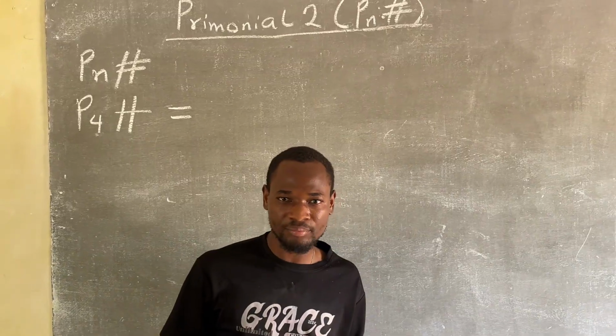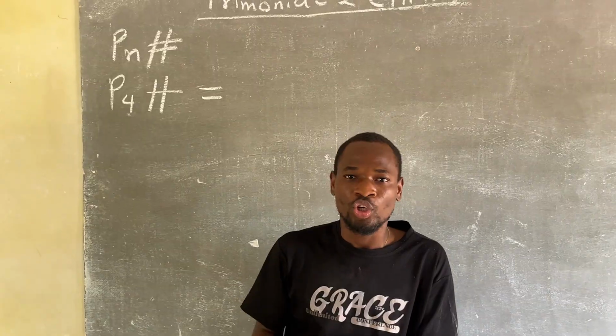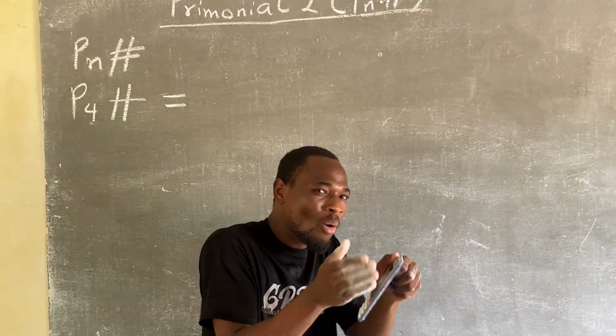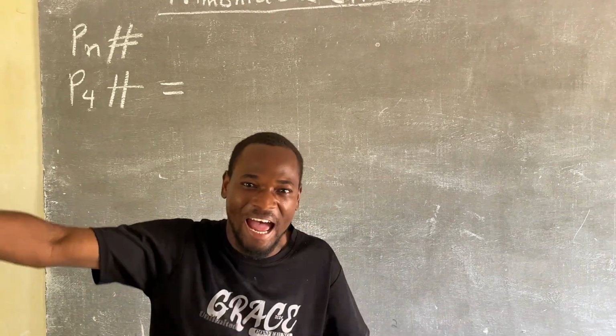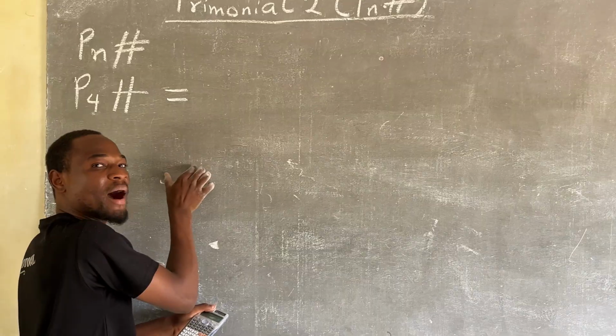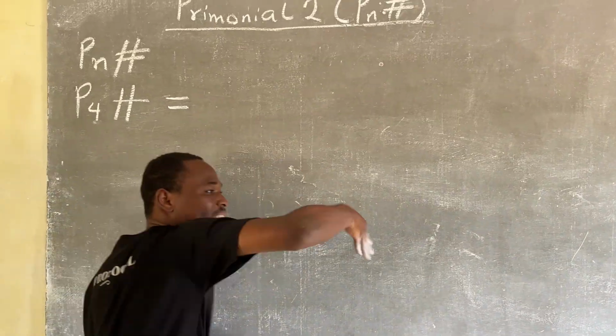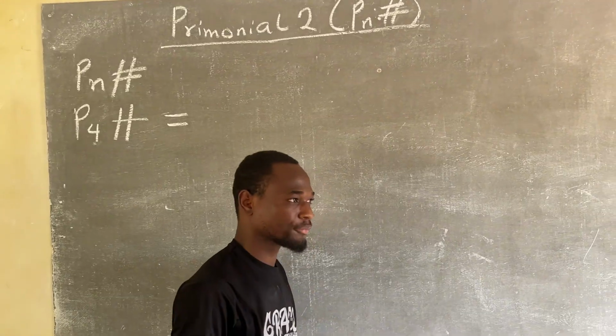Are you fine with that? But remember, for this type of primorial, you'll start from the lowest or the smallest number in increasing order, unlike the first one where we started with that number and decreased the numbers to the smallest prime number.